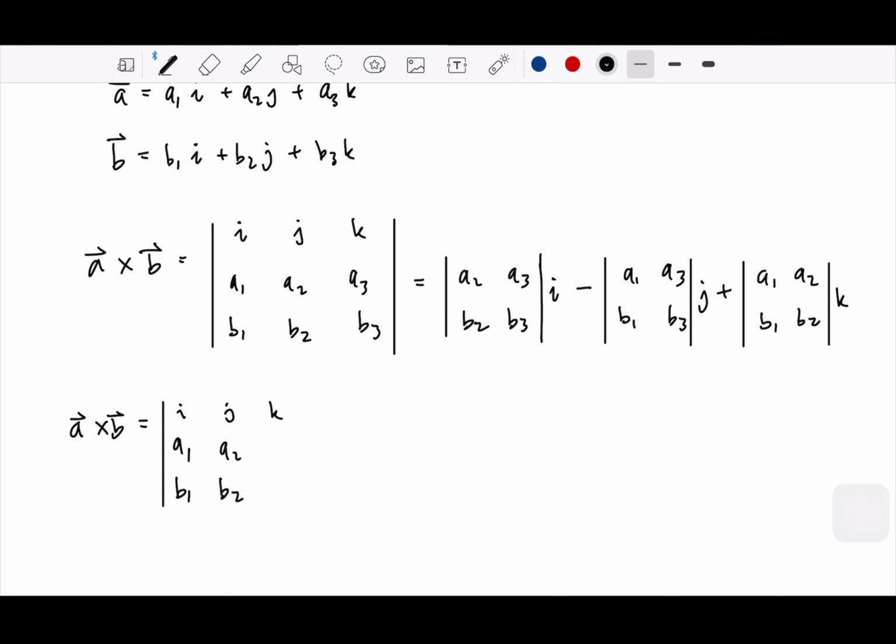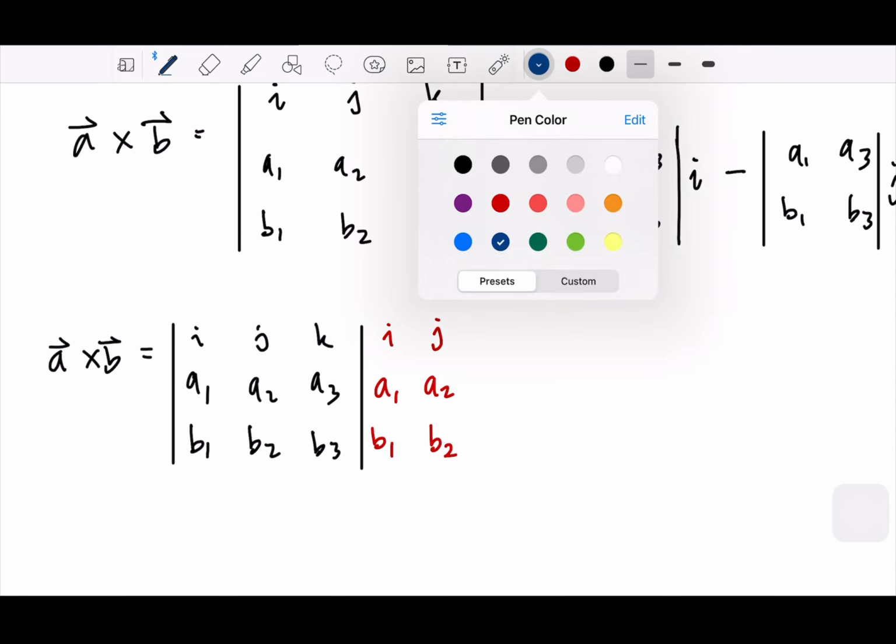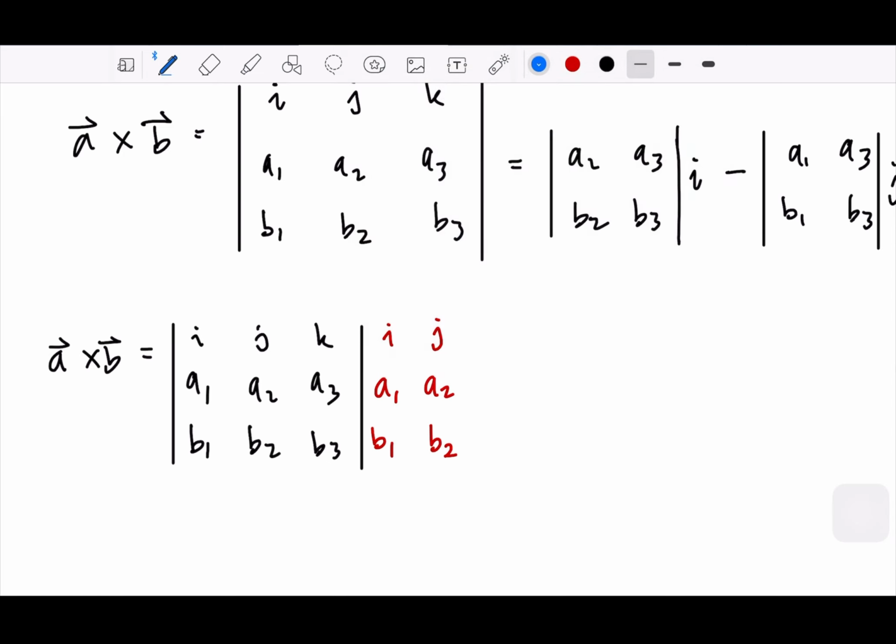Now please pay attention, maybe you haven't learned this method yet. So first thing, write down the columns, the two columns i j, and write down the same thing again. Okay. Next thing is let's multiply from i here, multiply here. Okay.